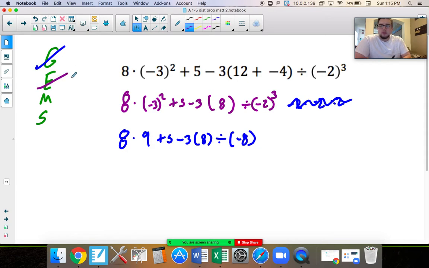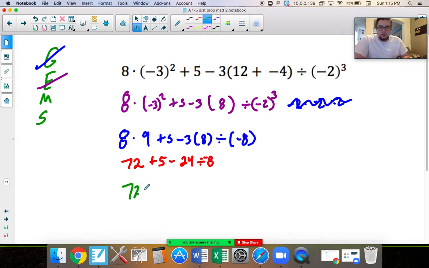Gotten rid of our exponents, so now we're on to multiplication and division. So 8 times 9 gives us 72, plus 5 minus 3 times 8, so that's negative 24 here. So 3 times 8 is the 24, we have that minus sign. And then that is going to be divided by a negative 8 here in a second.